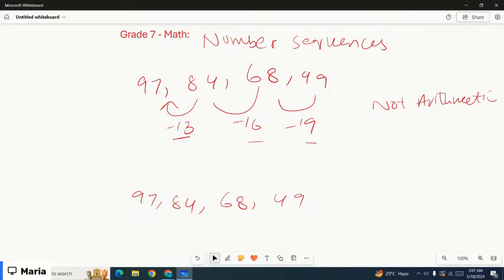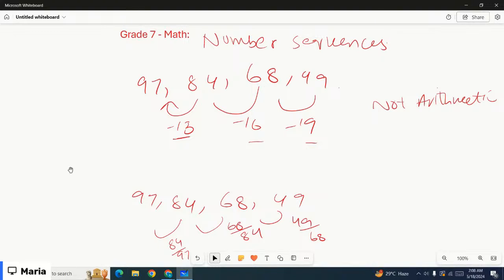So let's see if they have a common multiplier. Let's divide: 84 divided by 97, then 68 divided by 84, and then 49 divided by 68.